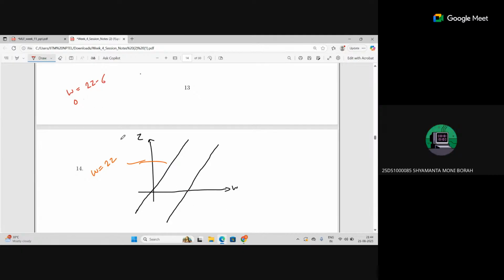So it should actually be on this side, towards the left of w equal to 2z, right? Let's say this point, where z is 0. Then what is w? It's minus 6. W is minus 6. In this case, w is 6, right?